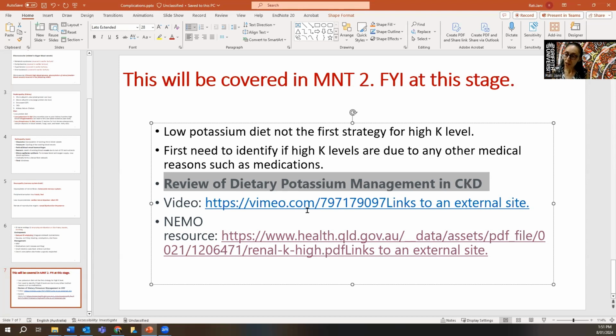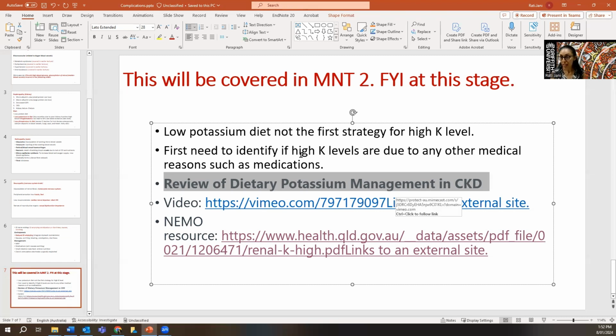It would be unfair for me not to highlight this point to you at this stage, even as a FYI, so that you have this at the back of your mind when you actually formally study more about kidney disorders in your MNT2. Okay, so this is just to let you know that this is the latest evidence around it. So yes, hope this extra information at this stage helps.